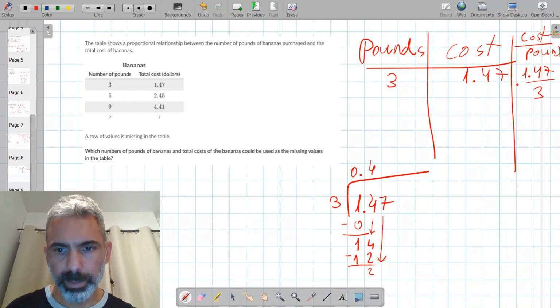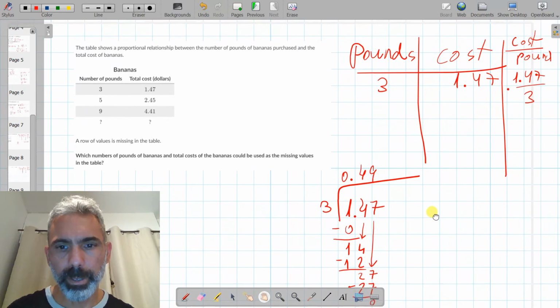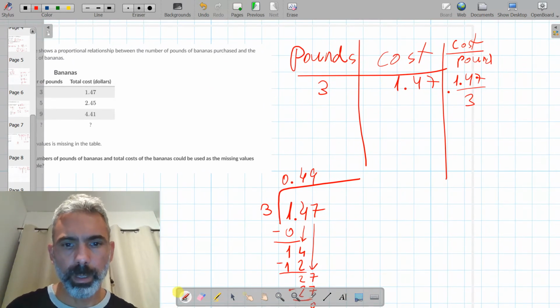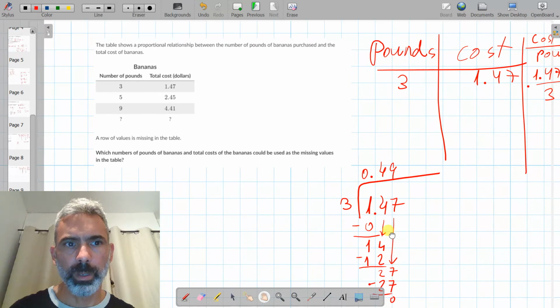Bring down 7. 3 goes into 27 9 times. 9 times 3 is 27. Subtract, no remainder. So the price per pound is 49 cents, 0.49 dollars per pound.